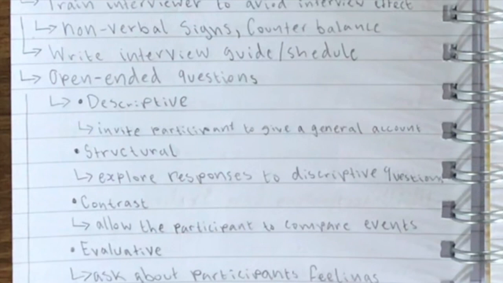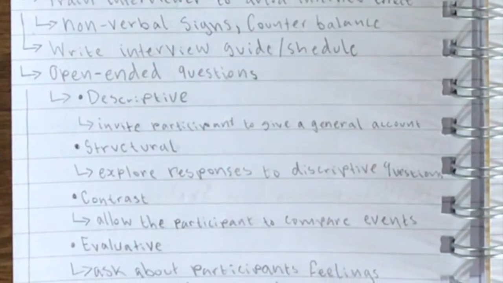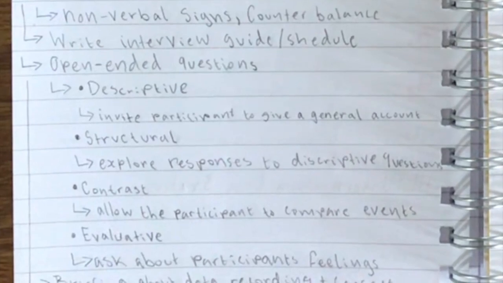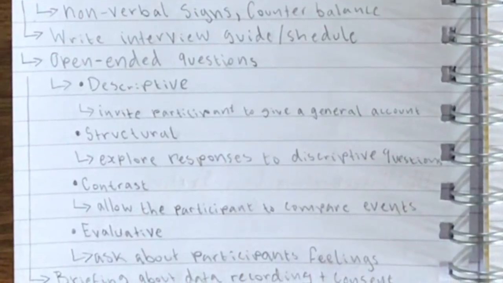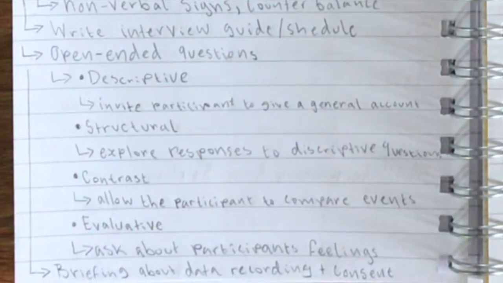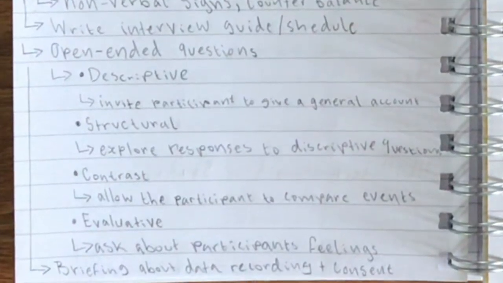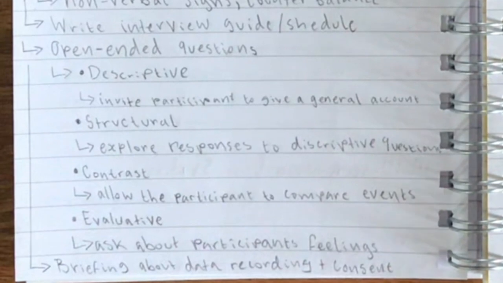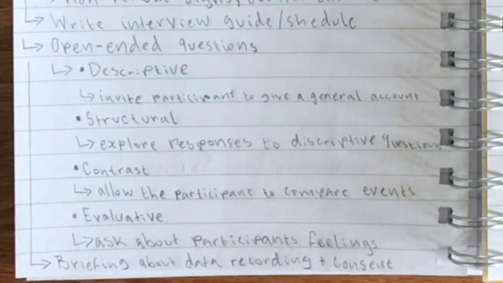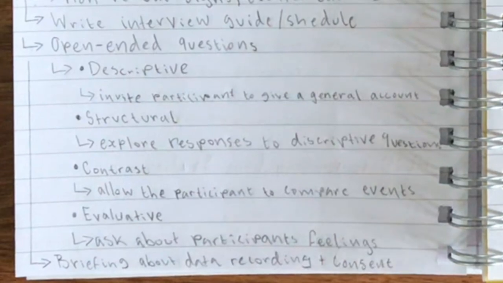You have to also write an interview guide and schedule, which is essentially a script to what you're going to ask. And when writing your open-ended questions, there are specific types of questions you have to use. You can use descriptive questions, which means that they invite the participant to give a general account of something. So that could be, for instance, how did you feel when your parents got divorced?